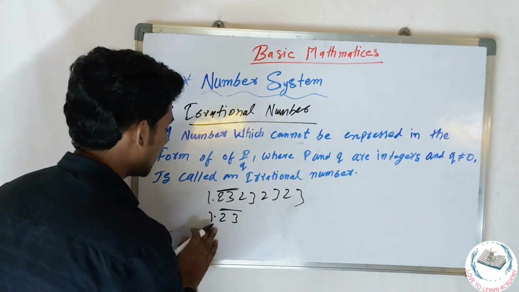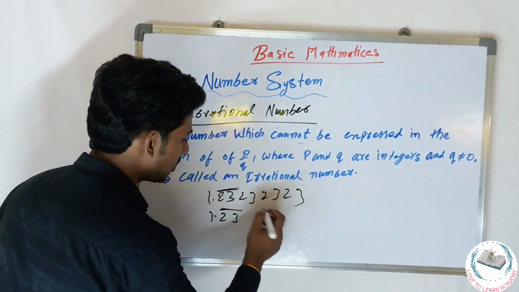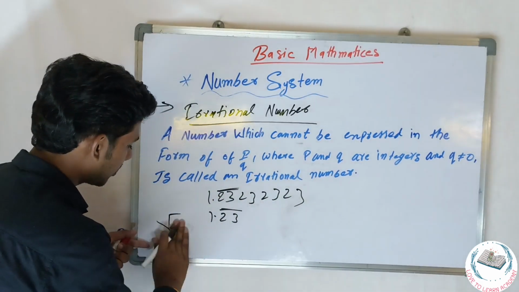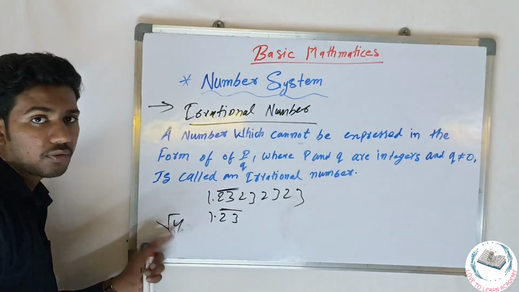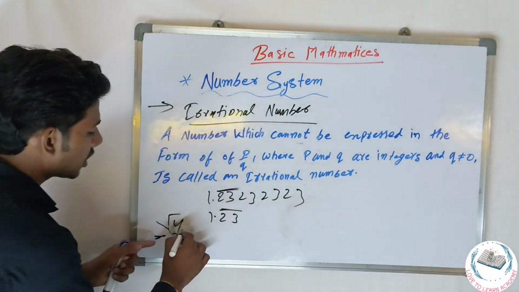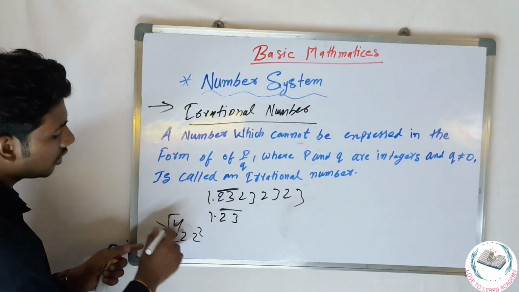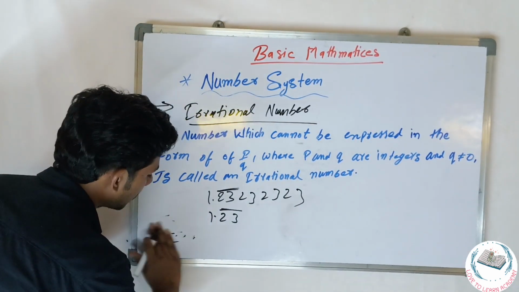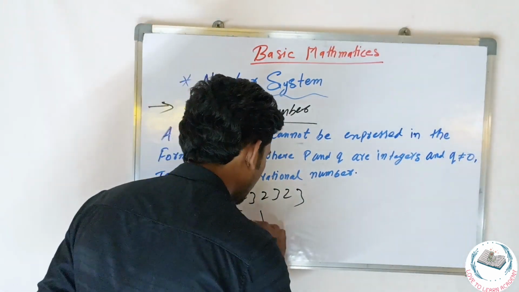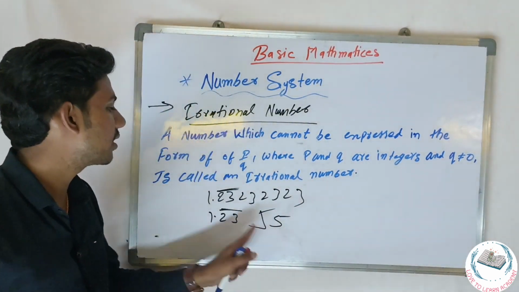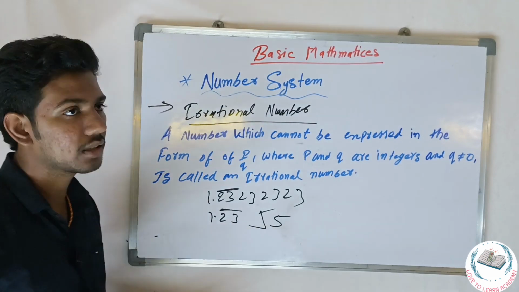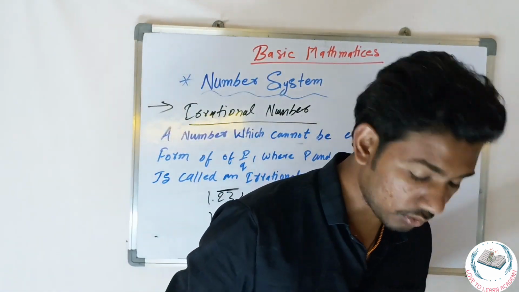One more example I can tell you. Suppose there is root 4 and root 5. For root 4, the square of 2 is 4, so it is clear. But can you tell the square of root 5?